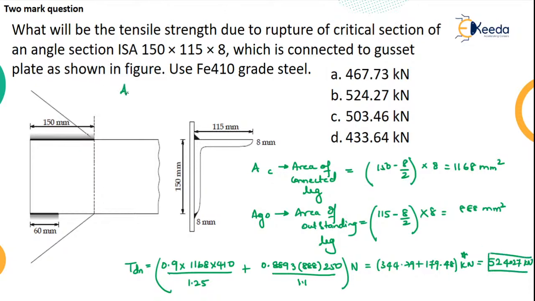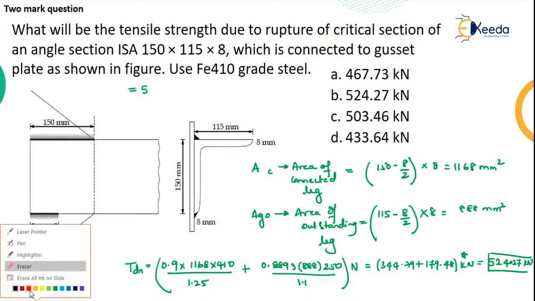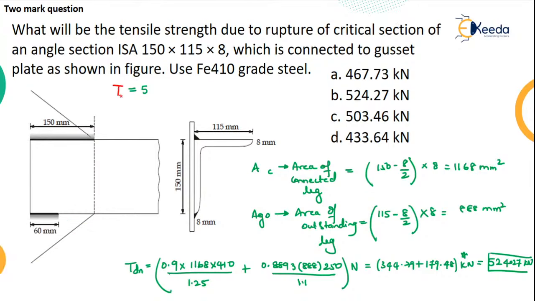So in the question they will ask you whether he wants it in kilonewton, newton or whatever, that will be mentioned in the exam. Also the rounding off to which decimal will be mentioned to you. Okay. So what is it? The tensile strength due to rupture of critical section, Tdn, answer is 524.27 kilonewton.